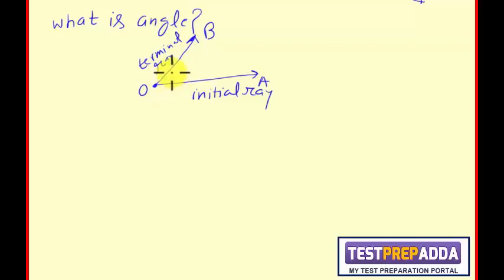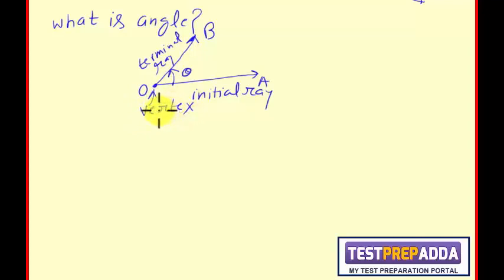Now you can see that between the initial ray and the terminal ray, this is called an angle. So an angle exists between two rays. The point where the two rays are meeting is called the vertex.